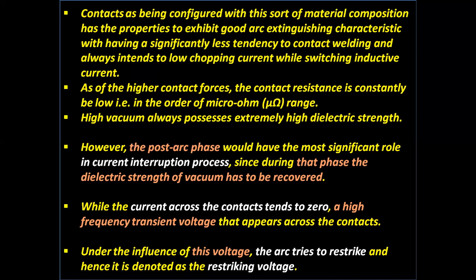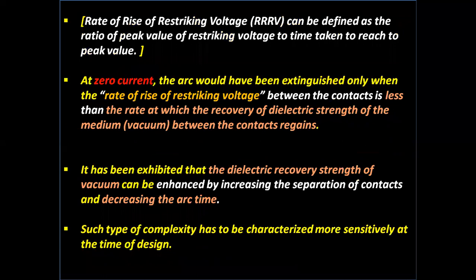Under the influence of this voltage, the arc tries to restrike, and hence it is called the restriking voltage. The rate of rise of restriking voltage is defined as the ratio of the peak value of restriking voltage to the time taken to reach the peak value.